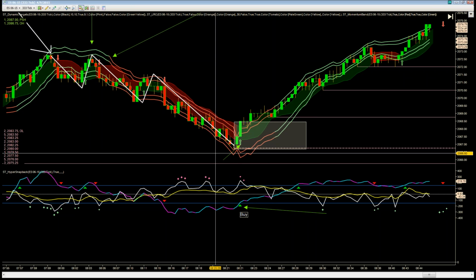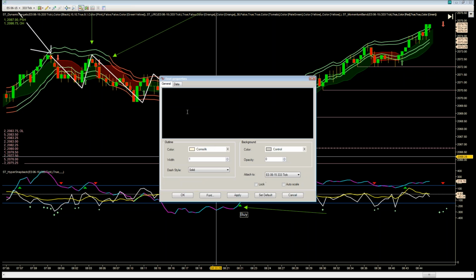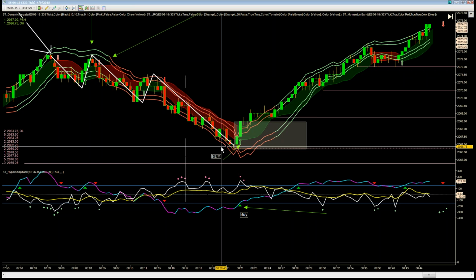So now we have two signals. It's like a 1-2 punch. I'll just make a note here. So now you have two confirmations on two different time frames.